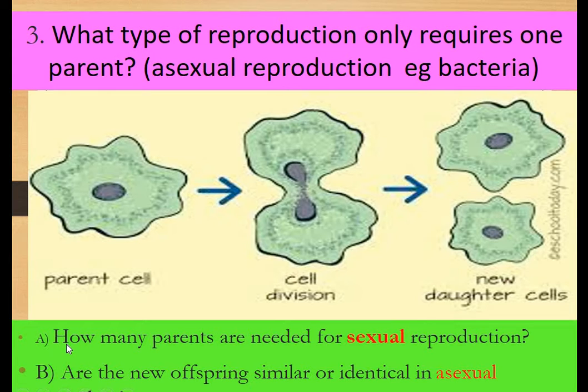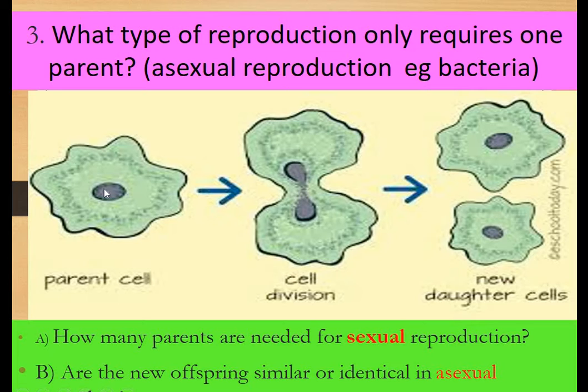And after that there are 2 questions. How many parents are needed for sexual reproduction? If this is asexual reproduction and there's only one parent, in sexual reproduction you need a male and a female. So that's 2 parents required in sexual reproduction. Are the new offspring similar or identical in asexual reproduction?